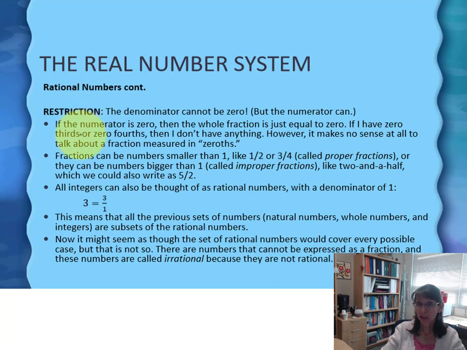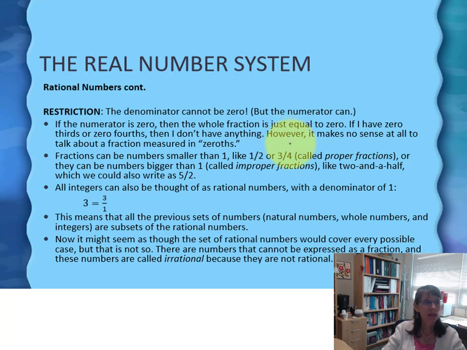There are restrictions to consider. The denominator cannot be 0, as I stated a little bit ago. It is correct and okay if the numerator is 0. If the numerator is 0, then the whole fraction is just equal to 0. If I have 0 thirds or 0 fourths, then I don't have anything.